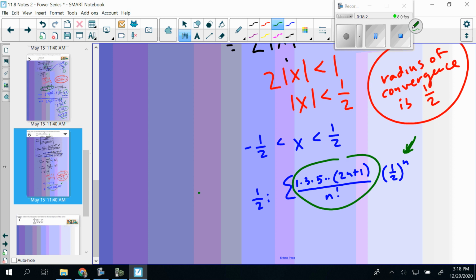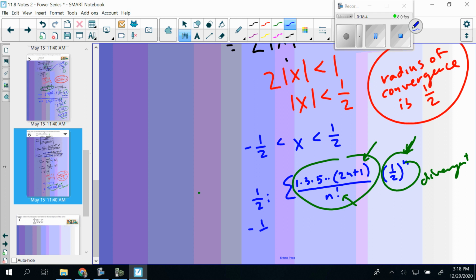Well, these numbers on top here, because we're skipping every other one, are I'm pretty sure going to be bigger than that. You can test that by putting a certain number in there, and you can see that the numerator on this is bigger than what the denominator combined with this is going to be. So this is going to be divergent, and same with -1/2.